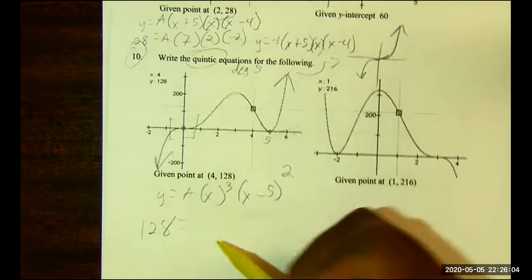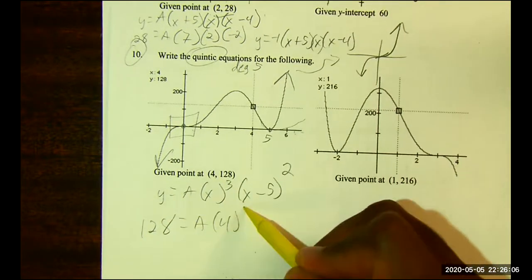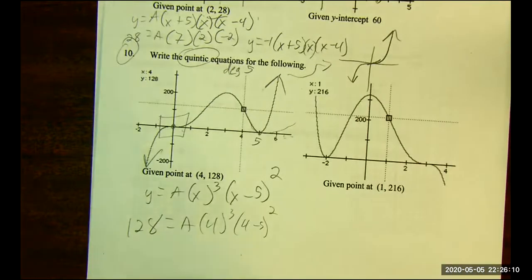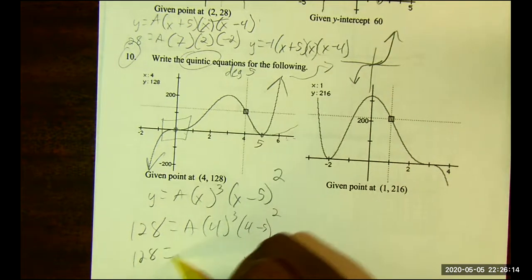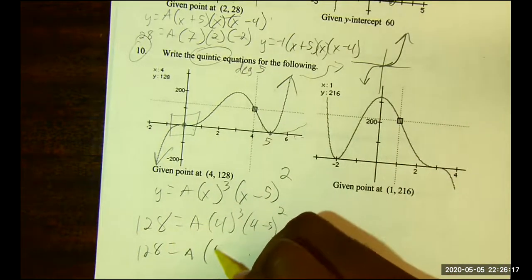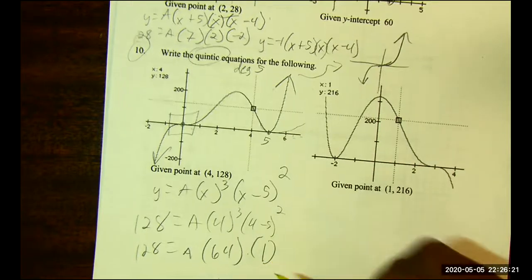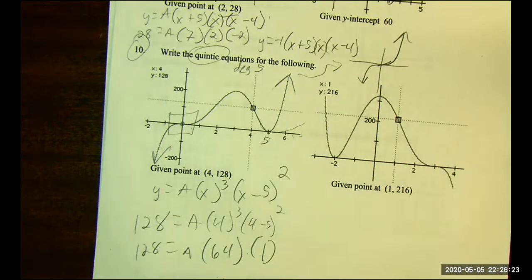128 equals a times 4 cubed times 4 minus 5 squared. 128 equals a times 64. -1 squared is +1. Those are related.